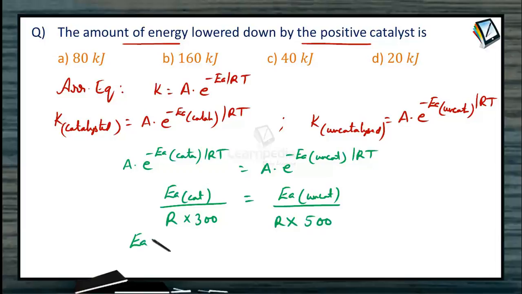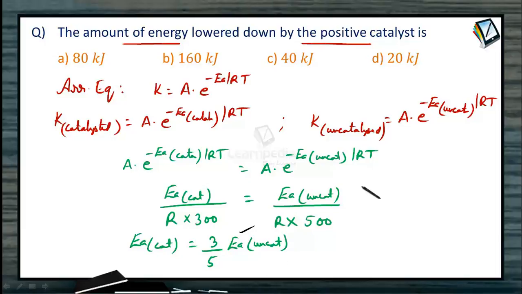So activation energy of the catalyzed reaction is equal to 3 by 5 of activation energy of uncatalyzed reaction. So here we got one more unknown, that is the activation energy of the uncatalyzed reaction.